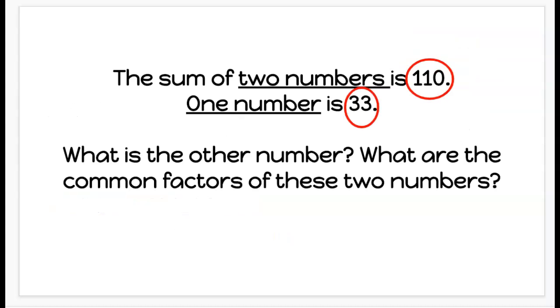Now, the question was asking us, what are the common factors of these two numbers? Boys and girls, it is not 33 and 110 that it is asking. It is asking us to find factors of 33 and the second number we found, which is 77.